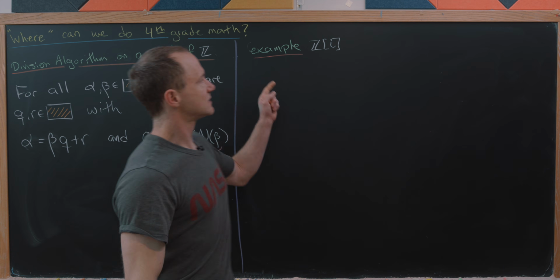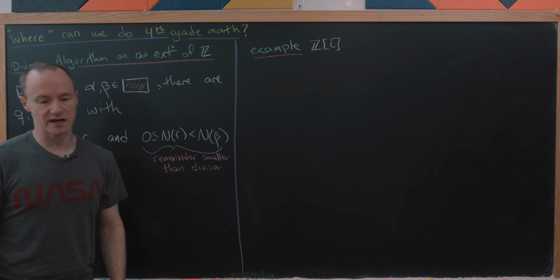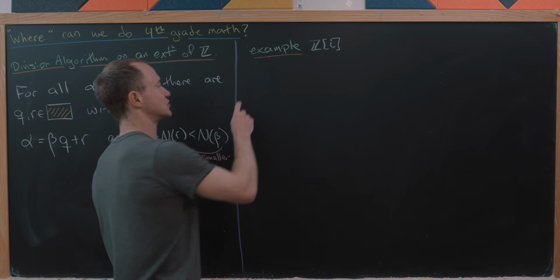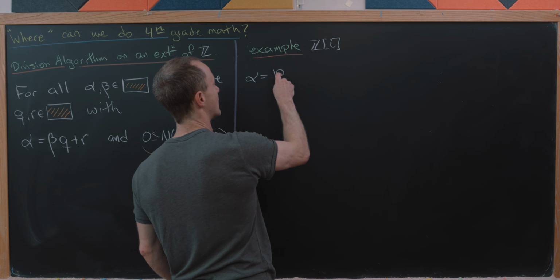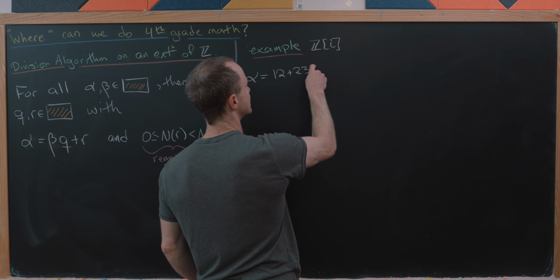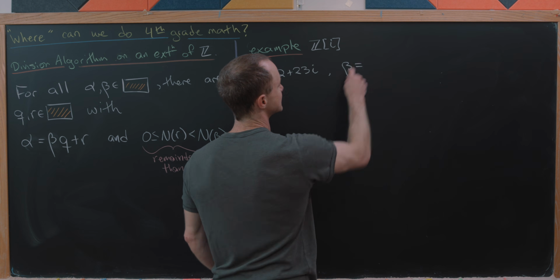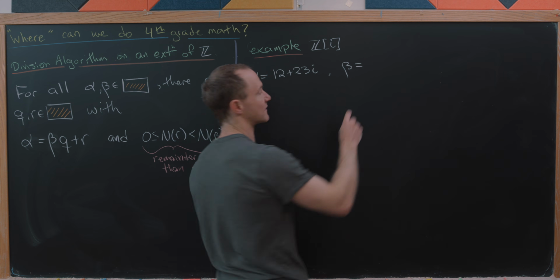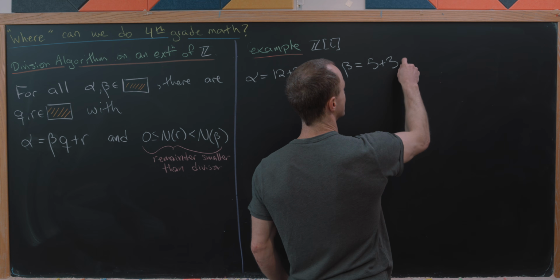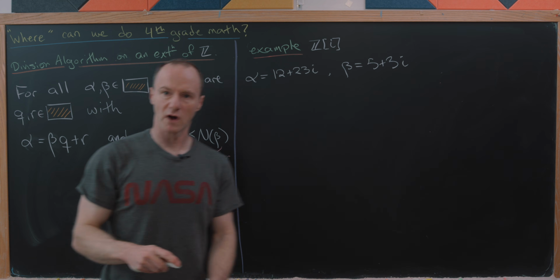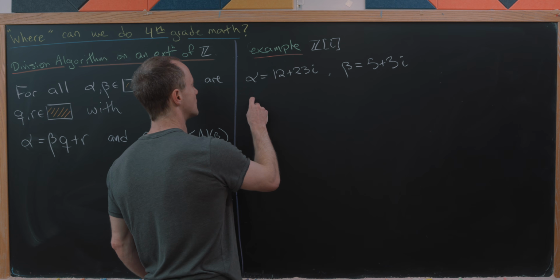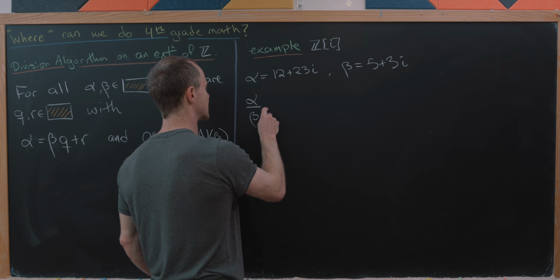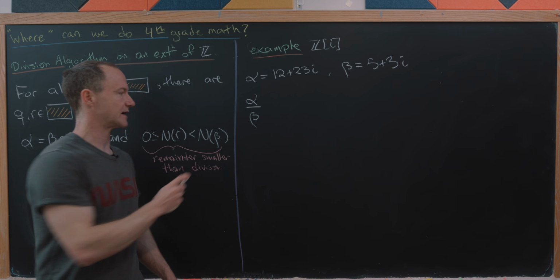Okay, so now let's go up here and do an example in the Gaussian integers Z adjoin i. So let's take alpha to be the number 12 plus 23i, and let's take beta to be the number 5 plus 3i. And we're going to run through how you would find a quotient and remainder. So you're going to start by looking at alpha over beta.